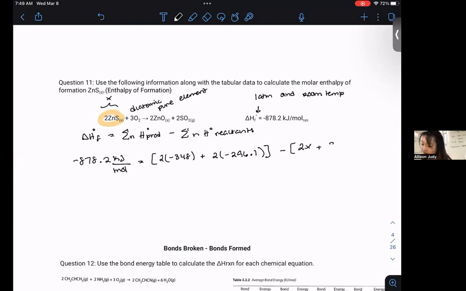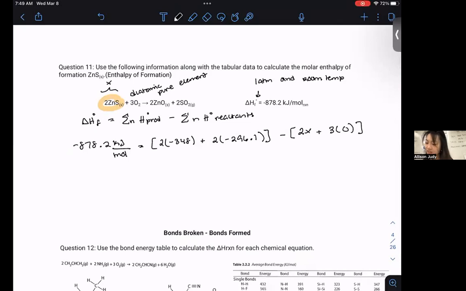So 3 times 0 would be the reactant portion of our enthalpy of formation calculation. When we simplify this all out, we get that our 2x value is approximately negative 411. Depending on your rounding, you might get a slightly different decimal.